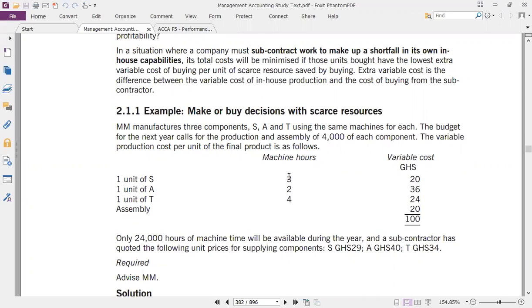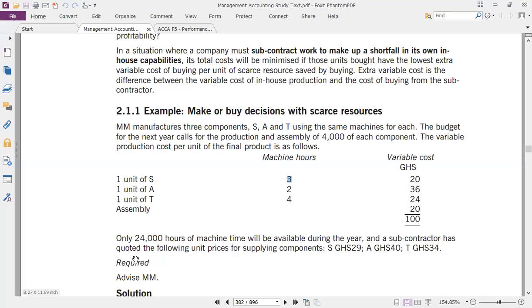So the machines are the limiting factor. Anytime we are given a resource and just only one, we identify that one as the limiting factor. If you go down here, only 24,000 hours of machine time will be available during the year.